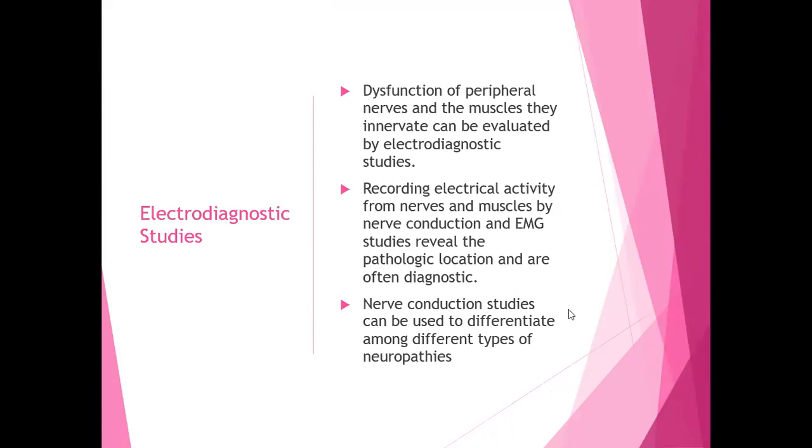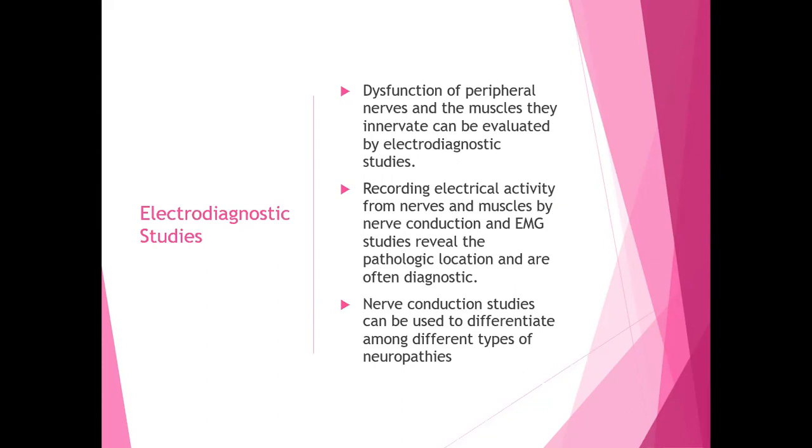So the electrodiagnostic studies that they use are the EMGs, electromyograms. Dysfunction of nerves and peripheral nerves and muscles are evaluated by EMGs. You actually use an electrode, pierce the skin, and get into the muscle and record the electrical activity from nerves and muscles.